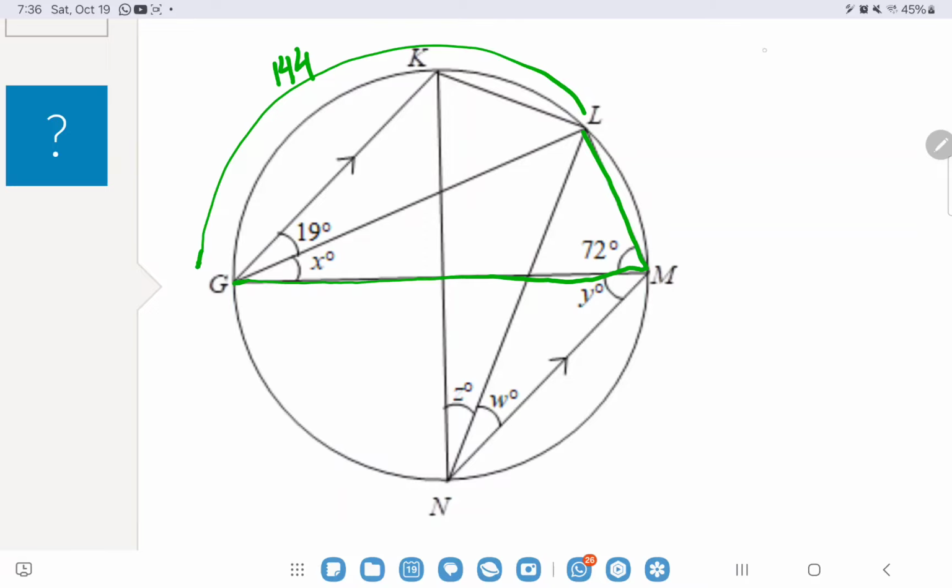And if this is 19, this is 38. So if this is 38 and the whole thing is 144, this blue part is 144 minus 38, which is 106.